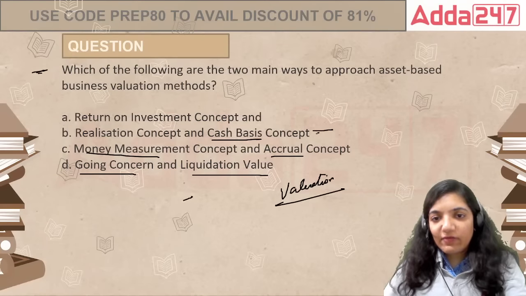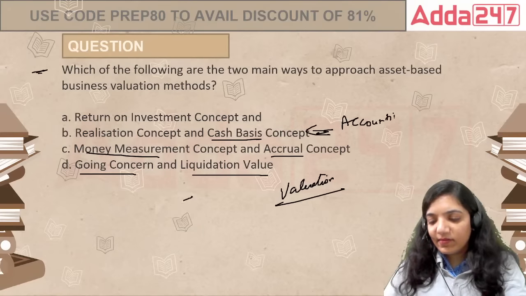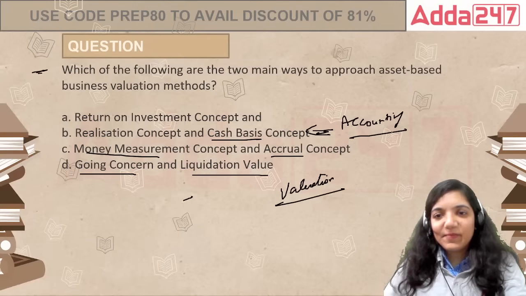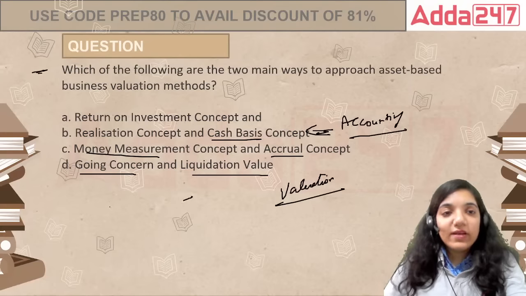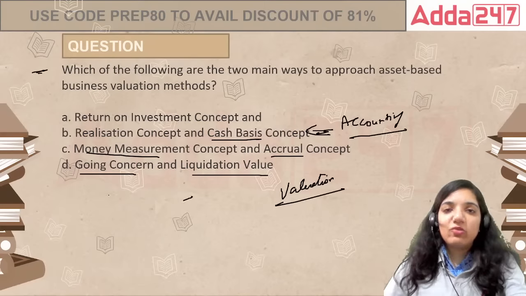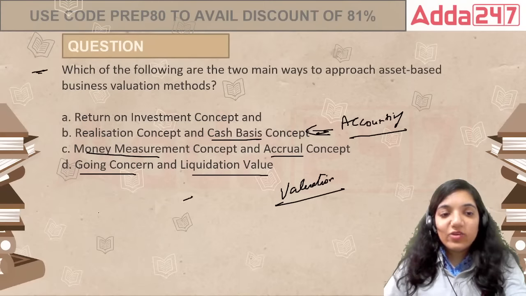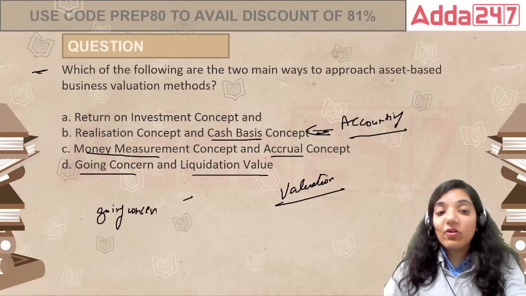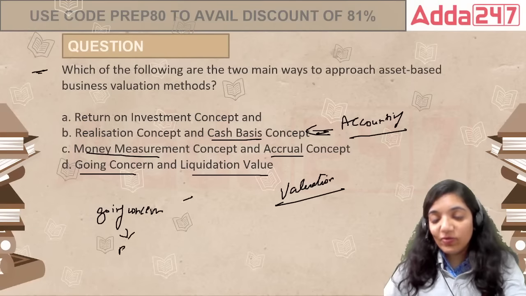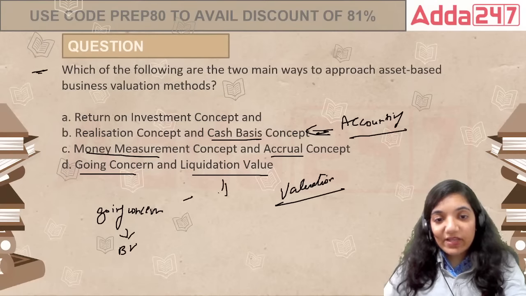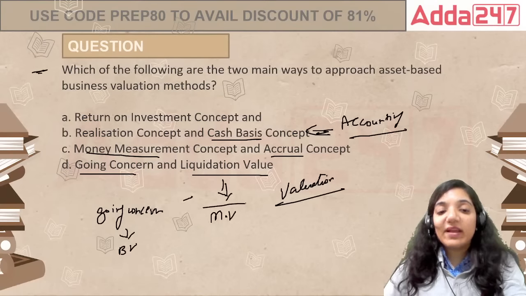This particular way is there in accounting. In terms of the asset based business valuation model, now there are two ways. One is you consider that the organization is a going concern, then you can record the things at book value, while in terms of liquidation we will record the things at market value.